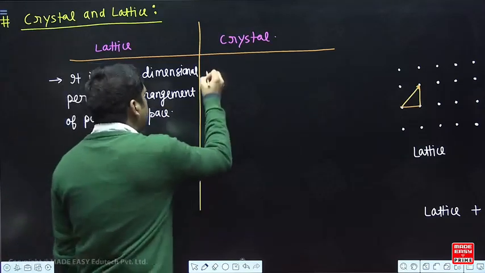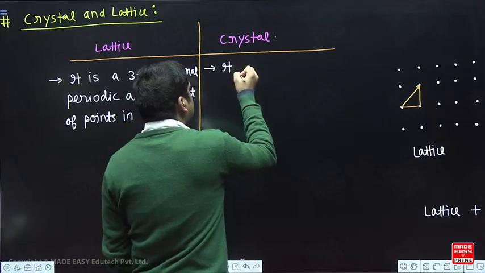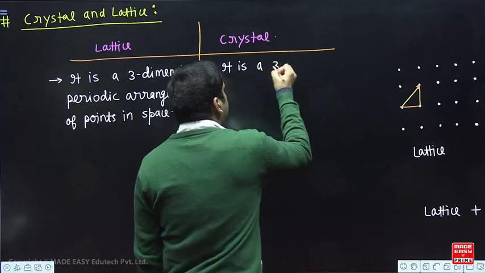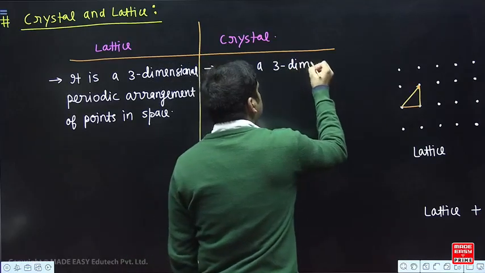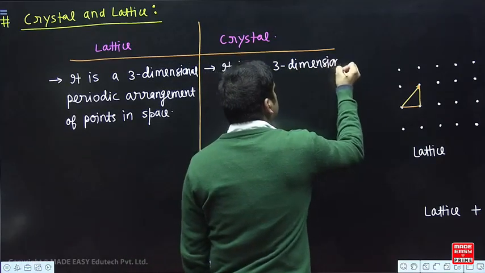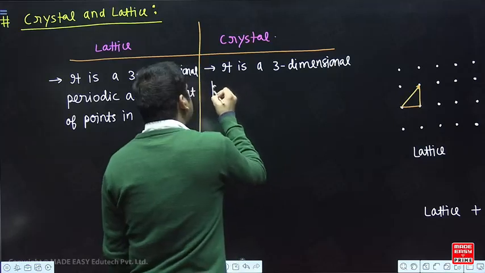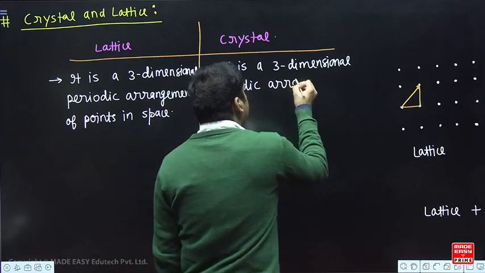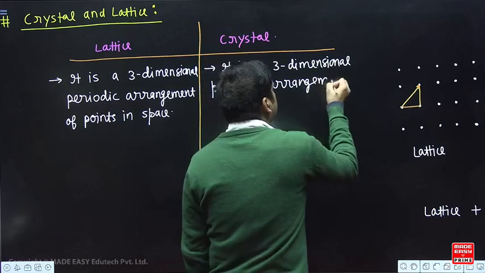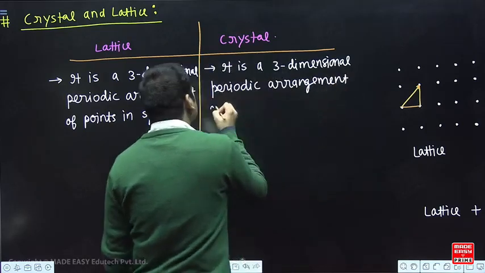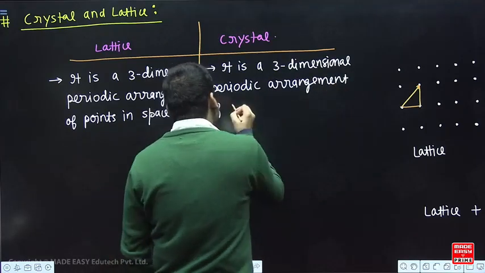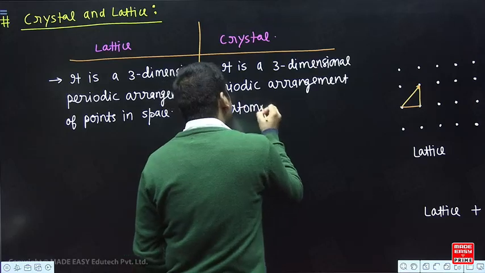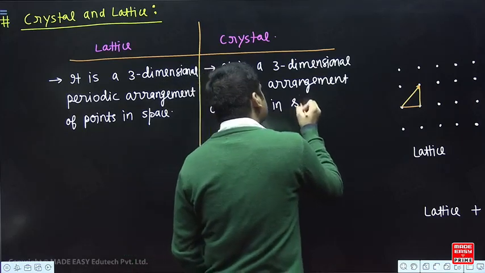Here, crystal is a three-dimensional periodic arrangement of atoms in space.